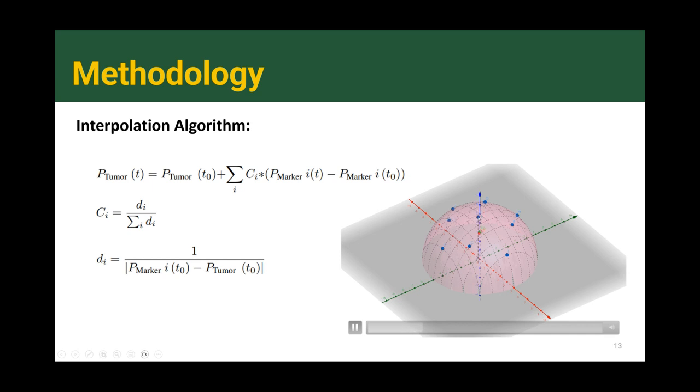And this red tumor would be the updated tumor, and the green tumor is just the initial position of the tumor. And our proposed interpolation algorithm would give a higher weight to the markers which are closer to the tumor, and less weight to the markers which are away from the tumor. And this would allow for a distributed weight in the effect that they have in the movement of the tumor as a result of the deformation of the surface.